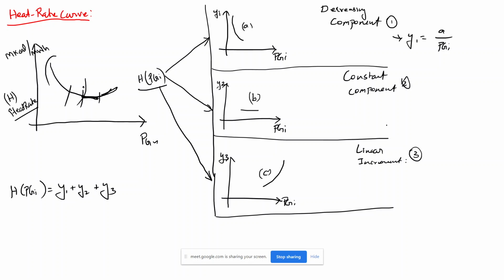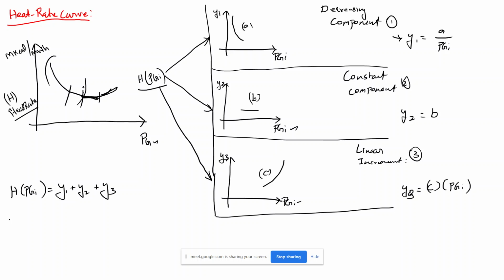Respectively, Y2 does not depend on this PGI, so I will write directly B. And this Y3 is increasing, directly multiplying this PG, so I will write C into PGI. So I got the values of Y1, Y2 and Y3.